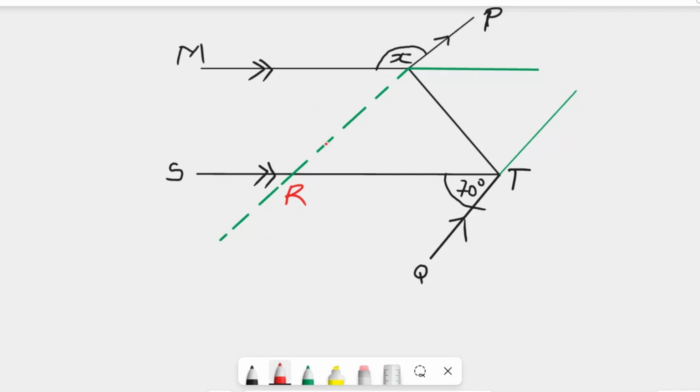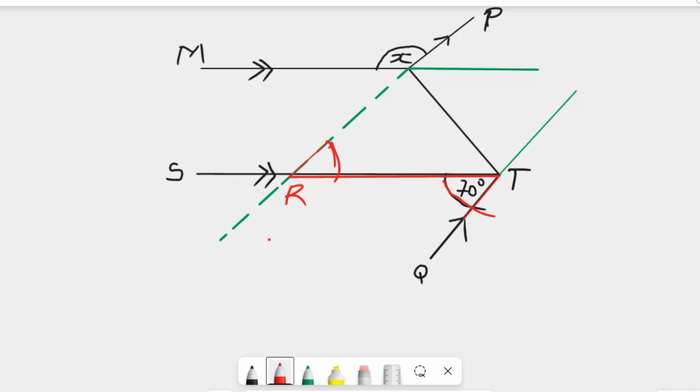This particular angle and that one form alternate angles. I'm talking about this. Let me highlight with the red ink. So you see they form the Z shape. So the intercepted angles are the same. If here is 70, then here too is going to be 70.